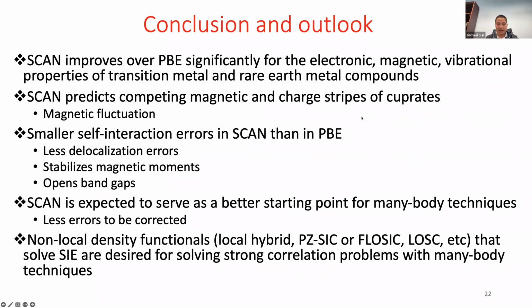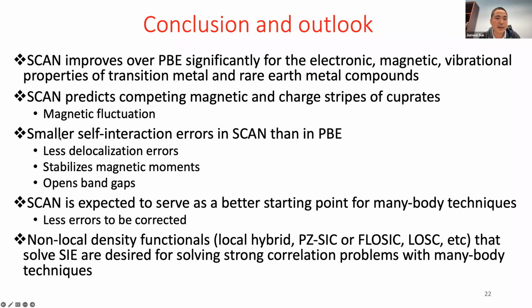This is kind of my conclusion. SCAN improves over PBE significantly for the electronic, magnetic and vibrational properties of transition metal and rare earth metal compounds. SCAN predicts competing magnetic and charge stripes of cuprates, implying magnetic fluctuations, which is kind of the strong correlation between electrons.